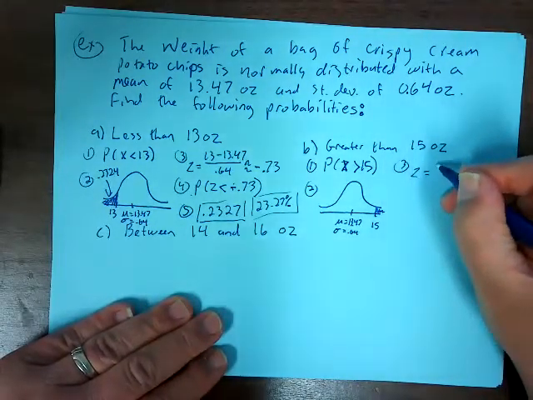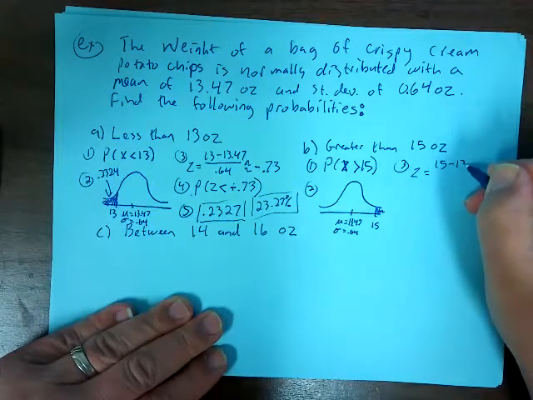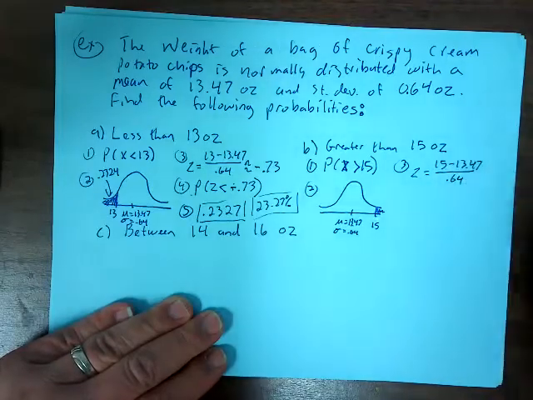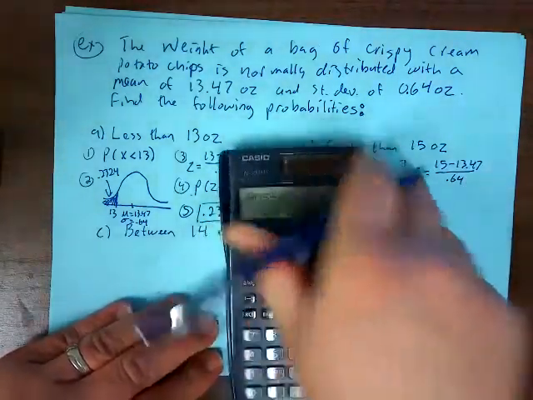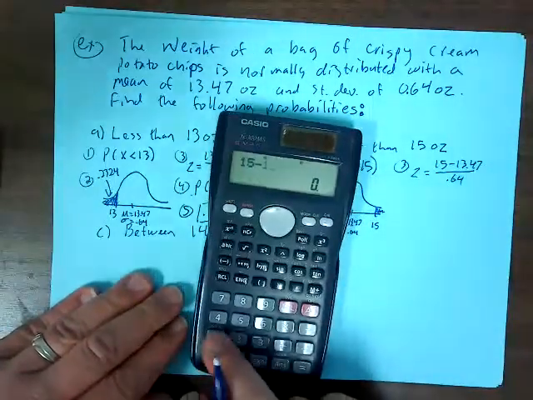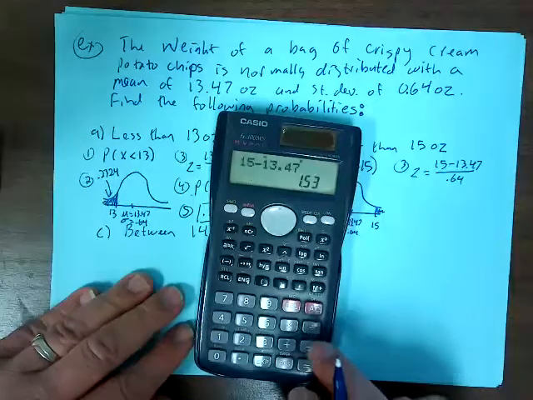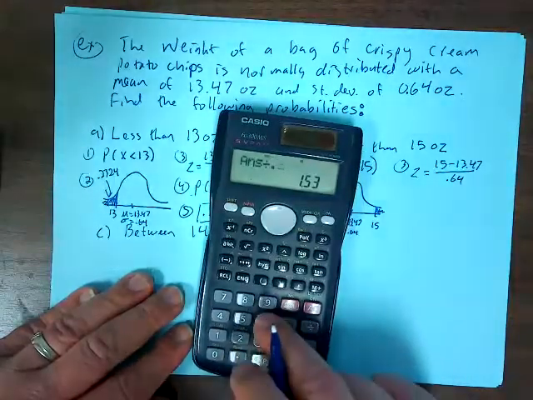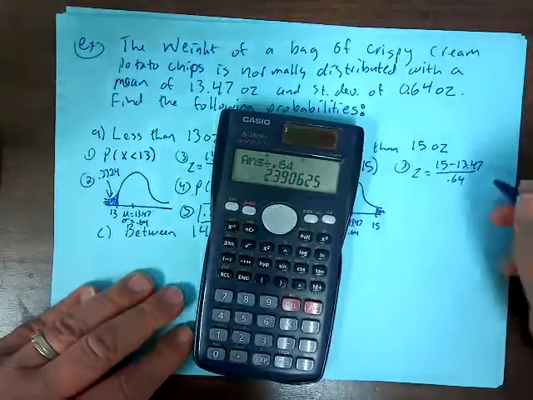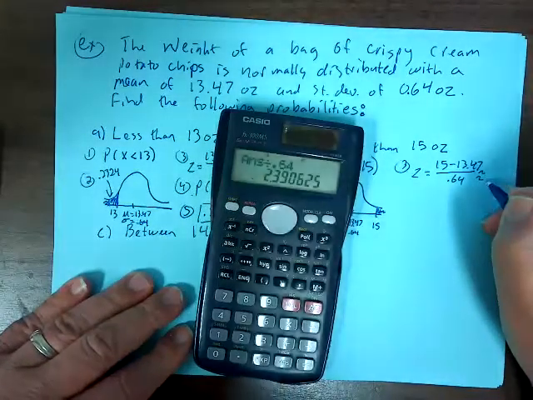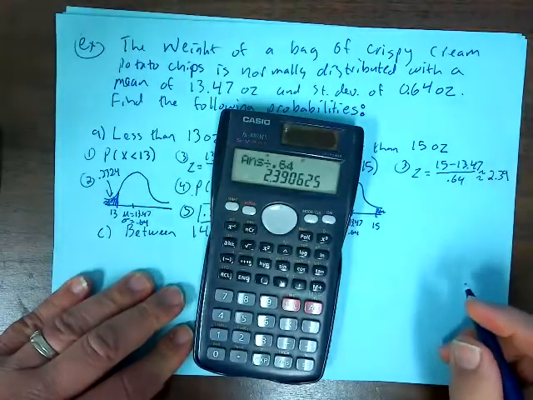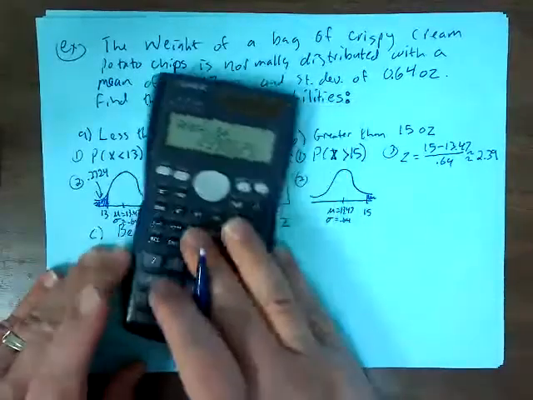This is my third step. 15 minus 13.47 over 0.64. 15 minus 13.47 divided by 0.64 is 2.39.